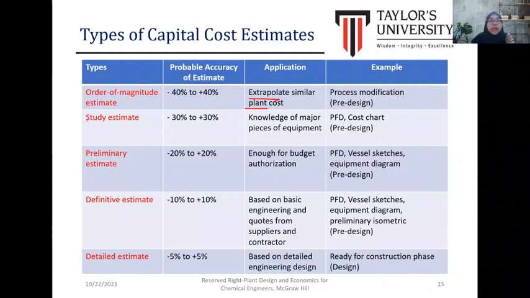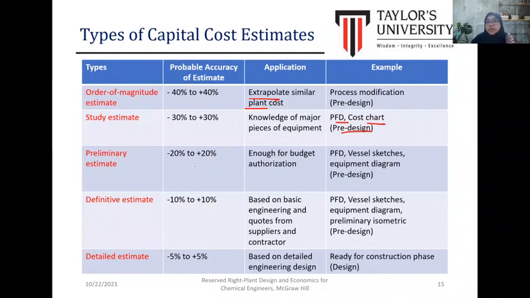And then the next type is the study estimate, with accuracy within plus minus 30%. We can apply the study estimate once we have knowledge of the major pieces of equipment, by referring to the PFD and cost chart, or considered as pre-design stages as well. The next type is preliminary estimate.